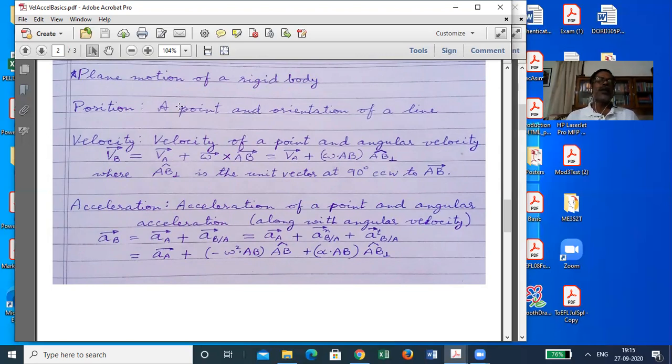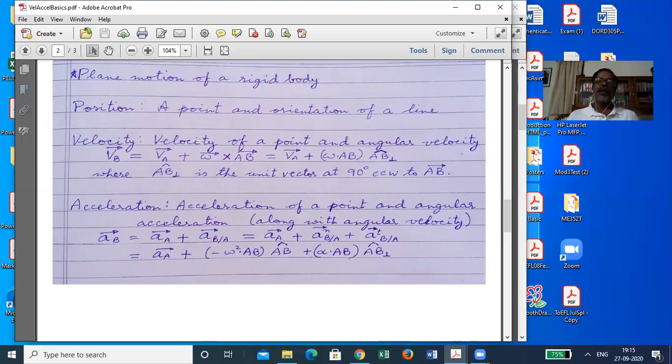Okay. So specification of one point in planar motion will be 2 coordinates, and orientation of a line will be one more coordinate, and that means total 3 coordinates, which is all that you can have in plane motion. If you try to forcibly specify more, then there may be conflict. Okay. So velocity of a point and angular velocity of the body together will specify the velocity of the rigid body completely.